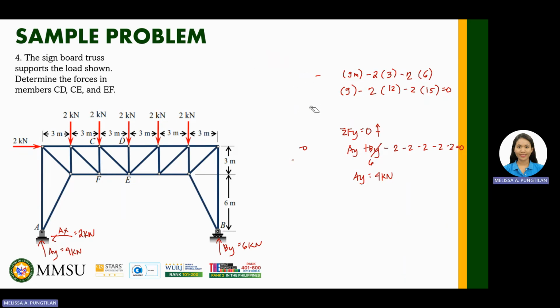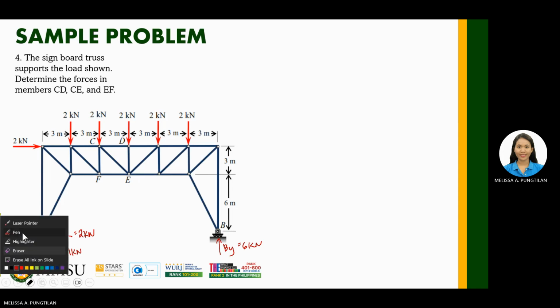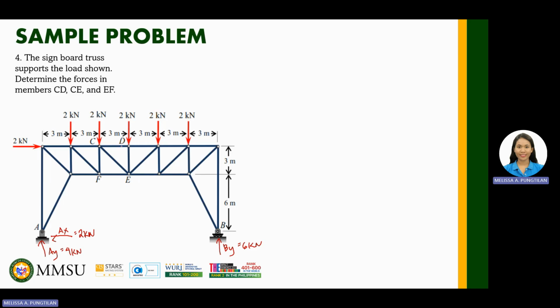Kapag ginamitan natin yan ng method of joints, aabutin tayo dyan ng siyam-siyam. Okay. So, CD, CE, and EF. So, dito tayo magka-cutting section. Tatawagin natin A, B.